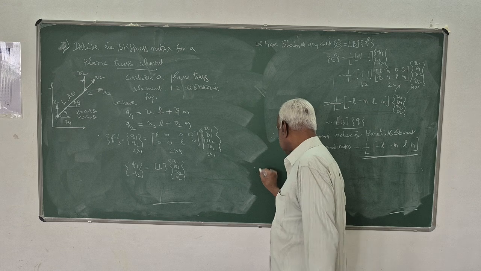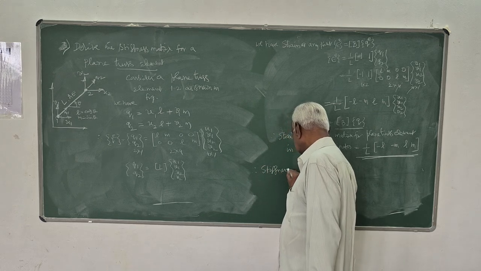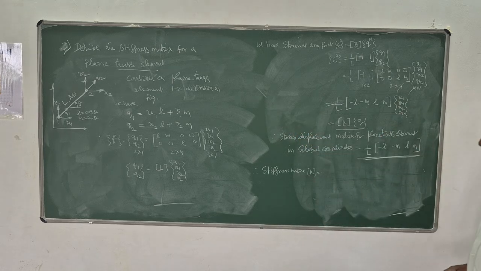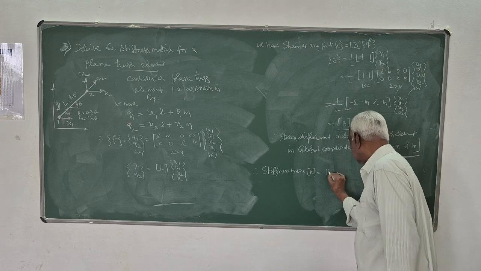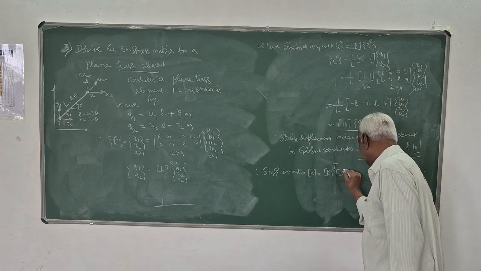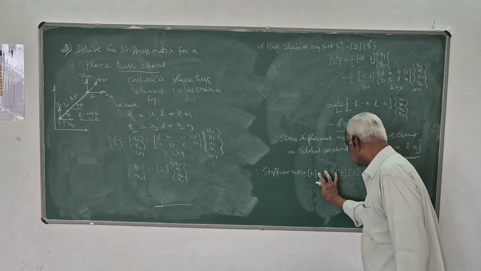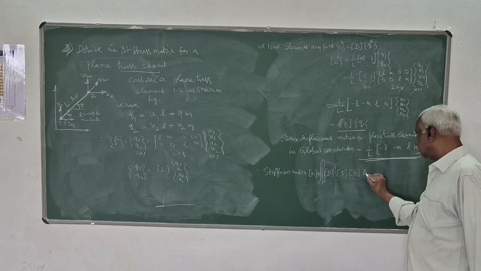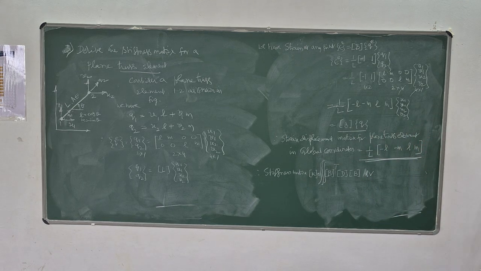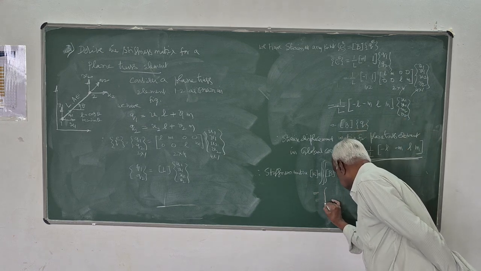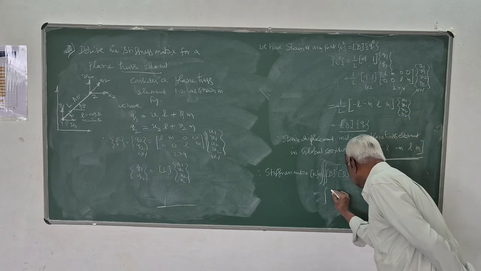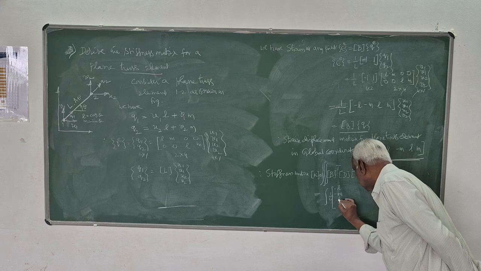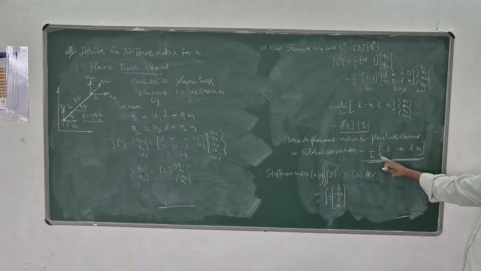And therefore, the stiffness matrix in global coordinates of this plane truss element is BT D B integrated over volume. B transpose is nothing but 1 by L, minus L, minus m, L, m converted into a column. D is E, and B is 1 by L, minus L, minus m, L, m.